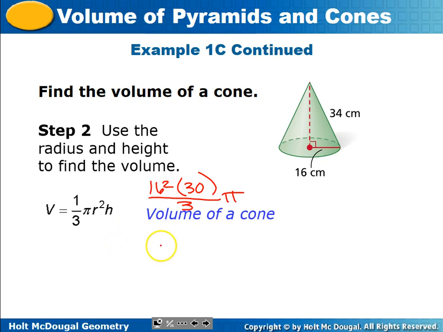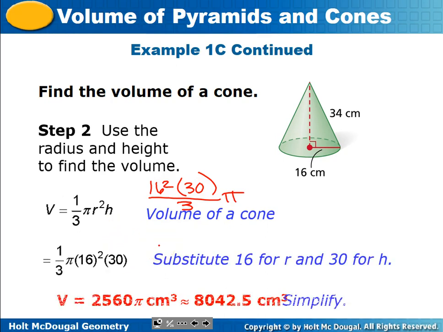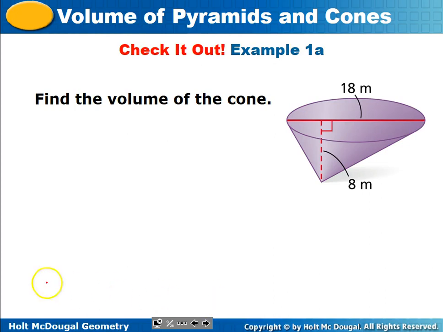That's the way I do it in the calculator. When we do that, we get 2,560 pi centimeters cubed, and then when we multiply that number by pi, we get 8,042.5 centimeters cubed.